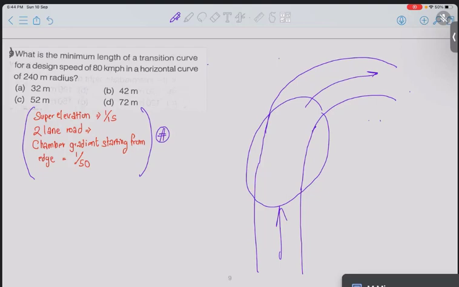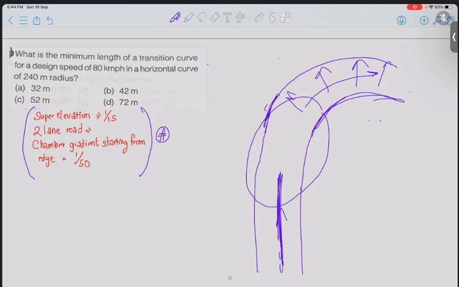To introduce centrifugal force gradually. That is the correct answer, word to word what the book has written. When you go on a curve, you would also have felt that you get pulled to the outside of the curve. That is nothing but the centrifugal force. It is 0 on the straight, and if you suddenly enter the curve, it becomes v square by r, which will be the pull force on you.